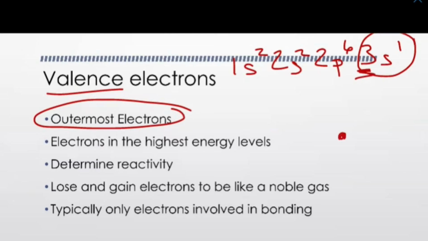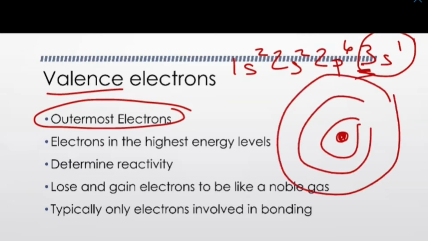So if we have the 11 protons in the center, and then we have 1, 2, 3 energy levels, because that's the number 3 there, 3s1, so there's one single electron here on the outside. That single electron is the one that's going to be doing the reacting. That's the valence electron.